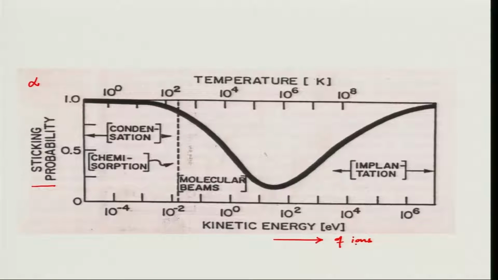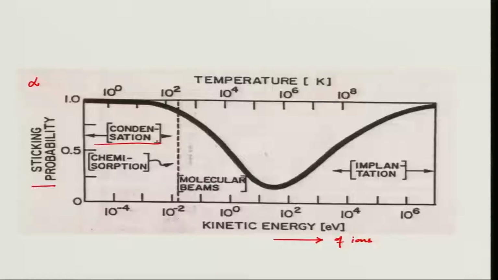We can see if the kinetic energy of these ions is very low in terms of electron volts, then they will just form a condensation, they will just get physisorbed without any chemical interaction between the target and the ions on the surface of my target. If they have slightly higher energy, they may form a chemical bond with the surface. It may be van der Waals forces as well, and they will get chemisorbed. So we are not interested in these low energy ions.